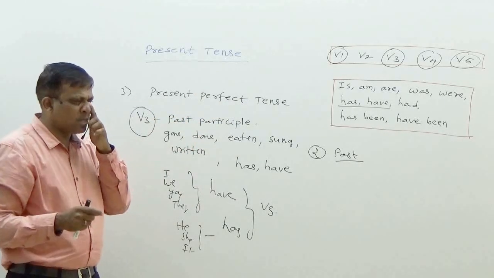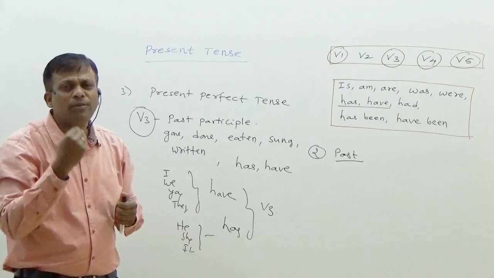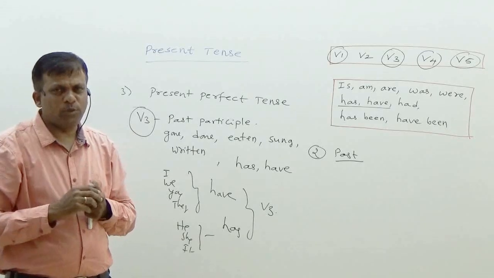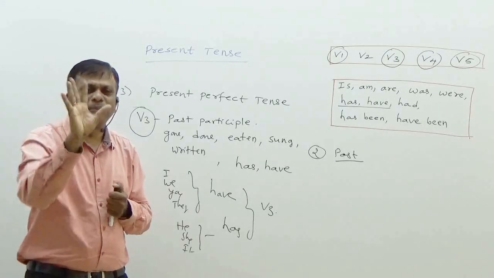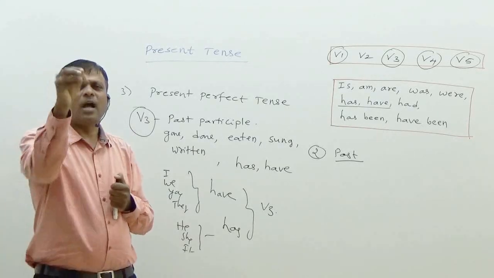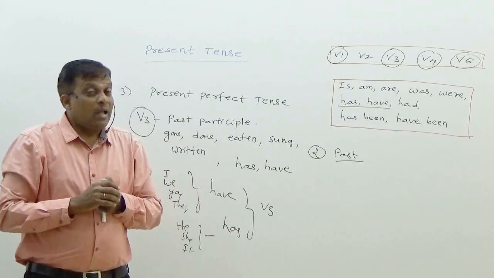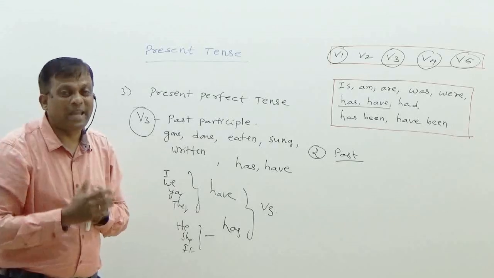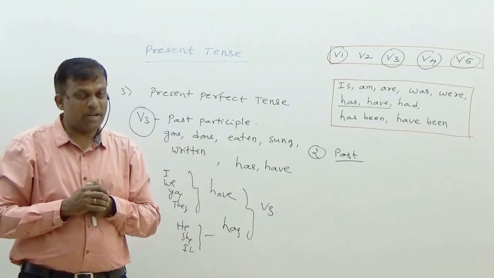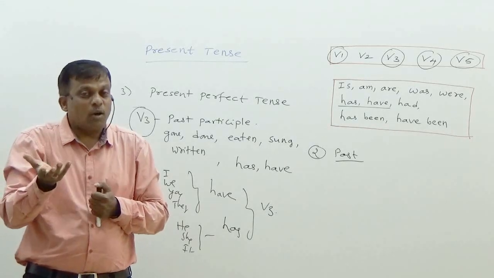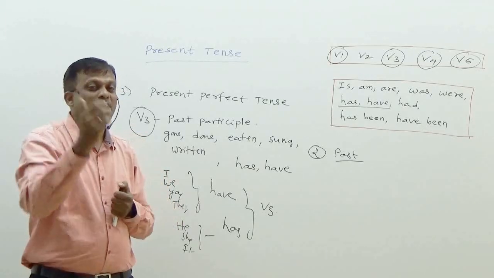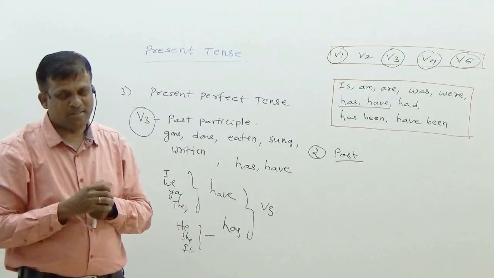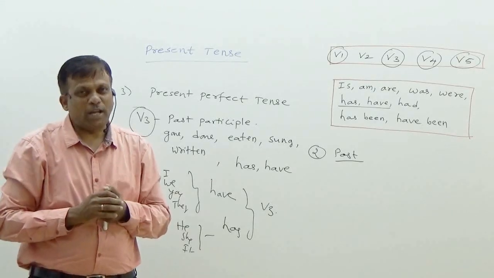I'll clear with one more example. Imagine, on 1st April, I borrowed some money from you. And I promised that I would pay it on 2nd May. On 2nd May, one of your friends comes and asks you, can you give me some money, some 5,000 rupees? Then you will say, no, I'm sorry, I don't have.